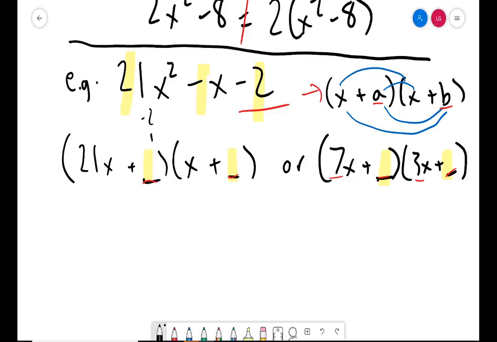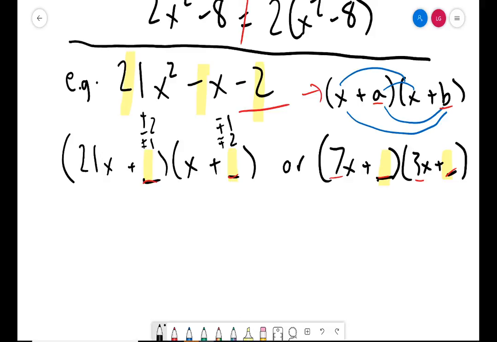So positive or negative 2 could be in either place. And then it would have to alternate with positive or negative 1. So we have 4 options of pairs for these blanks. And they need to multiply to negative 2.